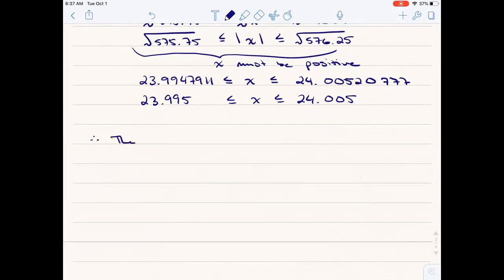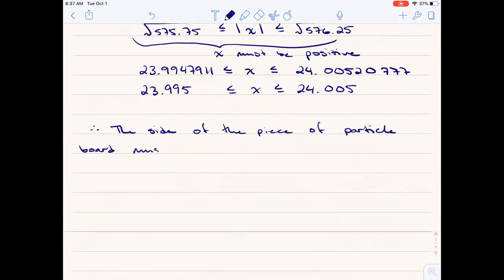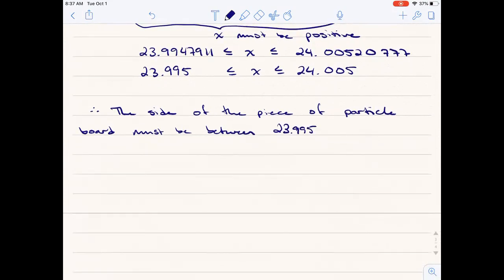Therefore, the side of the piece of particle board must be between 23.995 inches, because it's in inches in the problem, and 24.005 inches.